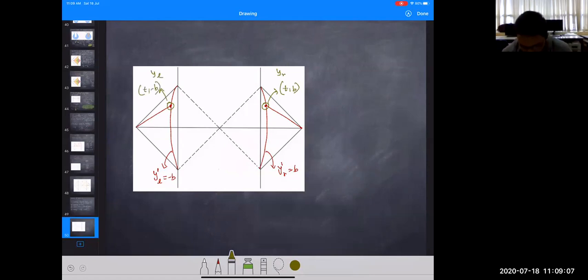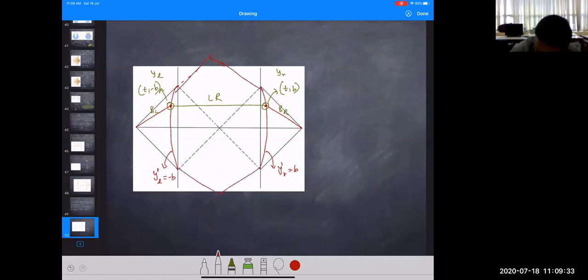What we wanted to do is compute the entanglement entropy of the region LR, where this is BL and this is BR. Now I know that the W coordinates are just the ground state. That means it's the diamond which can be extended like this.